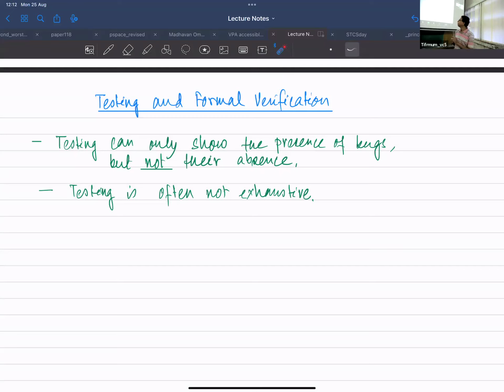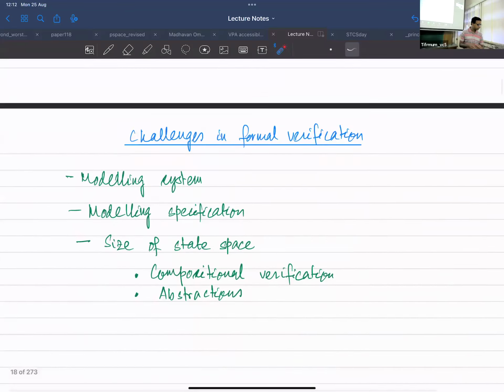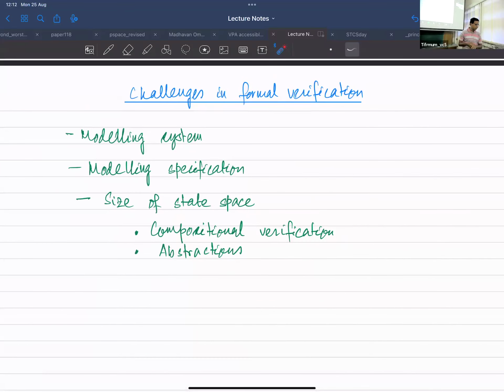When you certify mathematically, then it will actually say that indeed the code or your system does not have any bug with respect to that specific property. So this system is not going to violate this specific property. So that's the thing. Okay. And testing, as I said, is not necessarily always exhaustive.